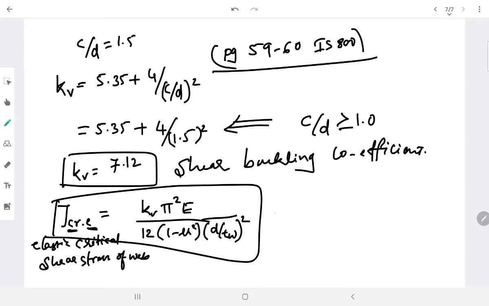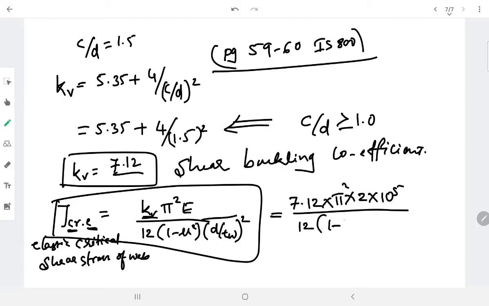Just substitute the values where we have got kv as 7.12, pi square, and the elastic modulus of steel E as 2 into 10 raised to 5. In 12 of (1 minus mu square), mu is taken as 0.3, it is assumed here. Then d by tw whole square, where d is the depth of the web and tw is the thickness of the web.